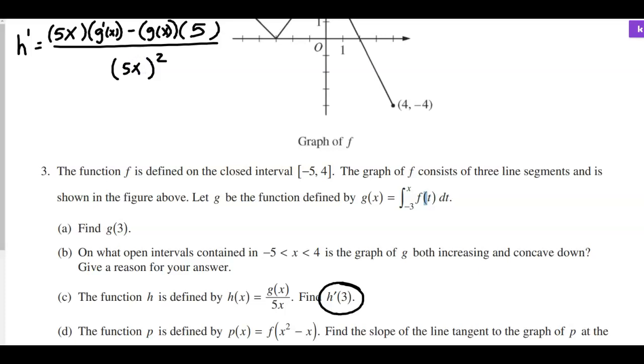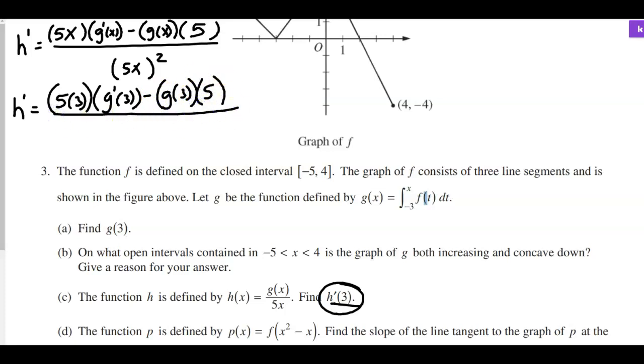Now they want us to also plug in 3 for x. All right.